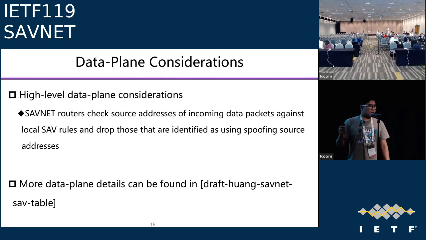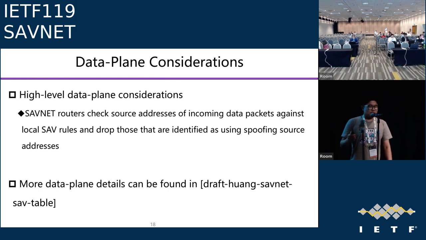And we add some data plane considerations in the updated version. SAVNET routers will check source addresses of incoming data packets against their local SAV rules, and drop those identified as using spoofed source addresses. More data plane details can be found in the SAV table drafts.